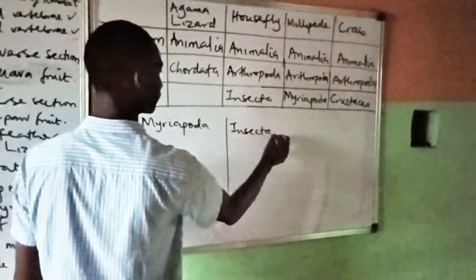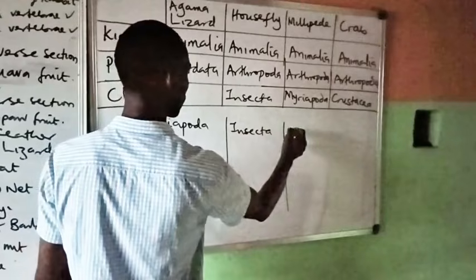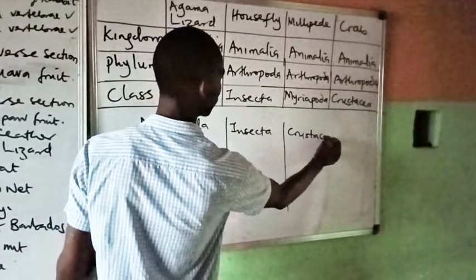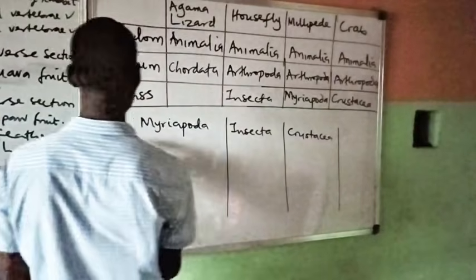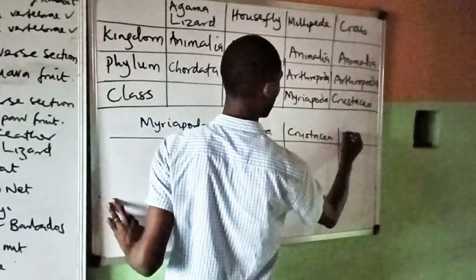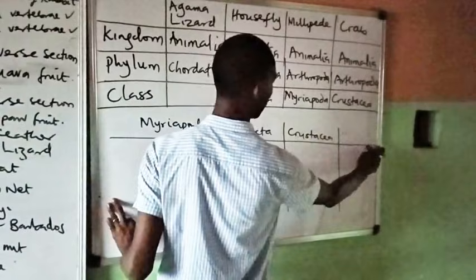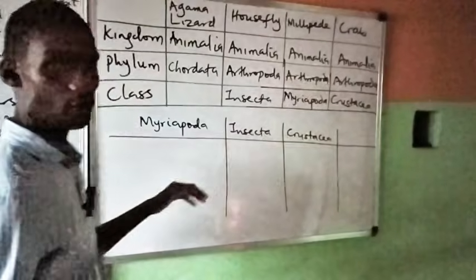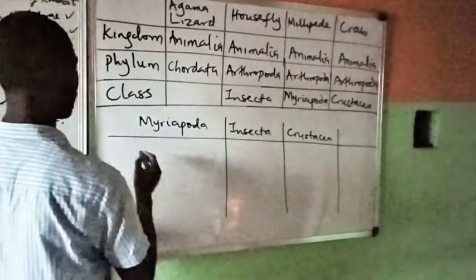Insecta, crustacean. Then let's even add the arachnid, but because arachnida is not in this, so it doesn't confuse you. So let's talk about these 3.